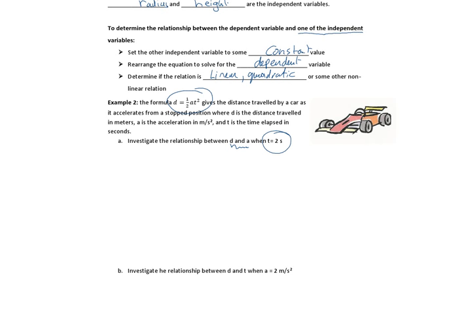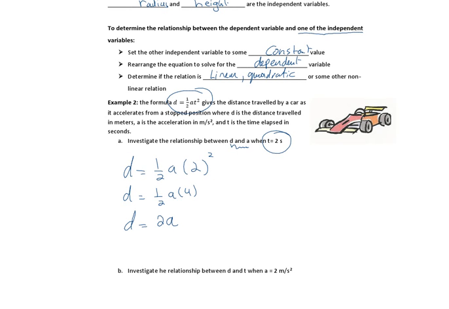If I set t to 2, now you only see 2 letters, d and a, right? So d is equal to 1/2 a times 4, right? I can simplify this. What's 4 times 1/2? 2.